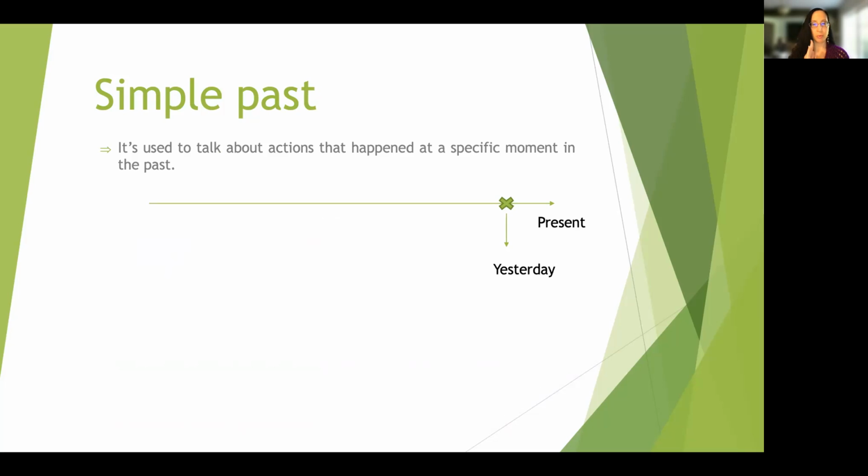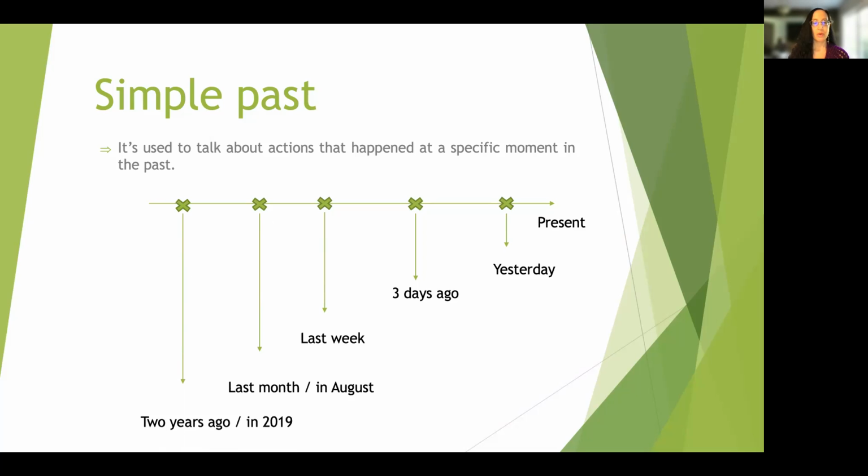So think of, you have your present point, then you have yesterday, or 3 days ago, or even last week, last month, such as in August, or even 2 years ago, say, for example, in 2019. So anything that happened in the past was an action that specifically happened in the past. These are just some examples.